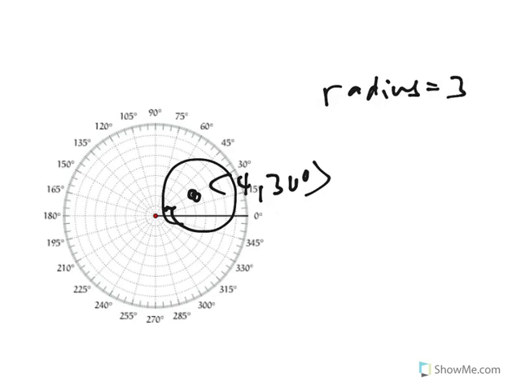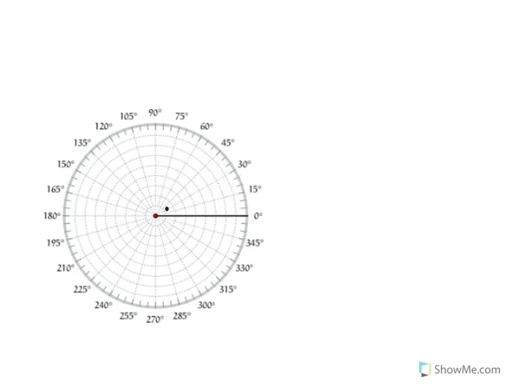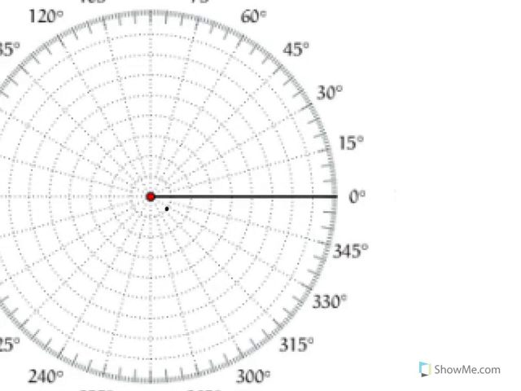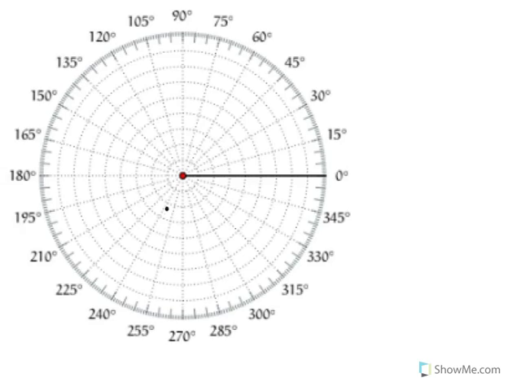So the trick to this question is to pick a random point on the circle. I think I would like to make this thing larger. There we go. So we have 1, 2, 3. There's the 4, 30 degrees. Here's the circle.